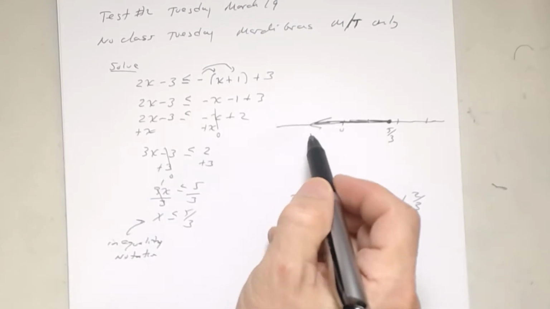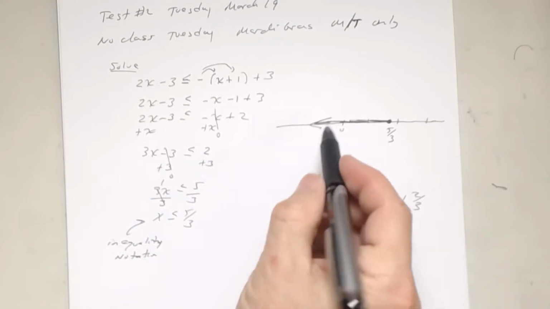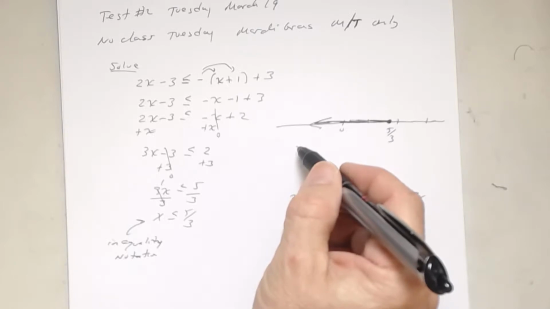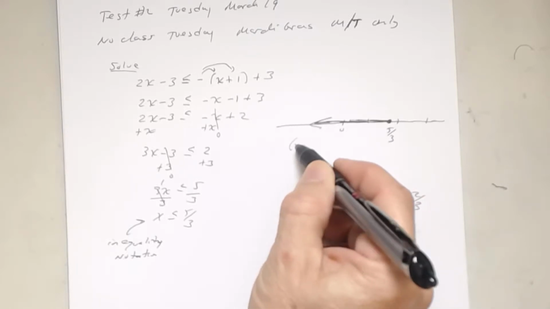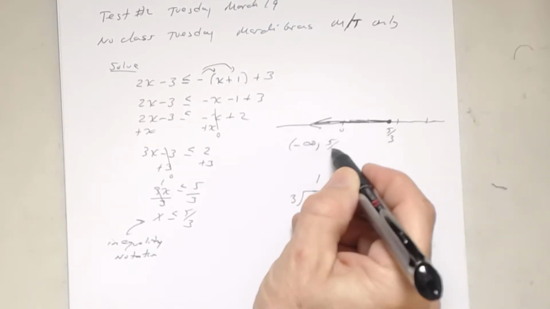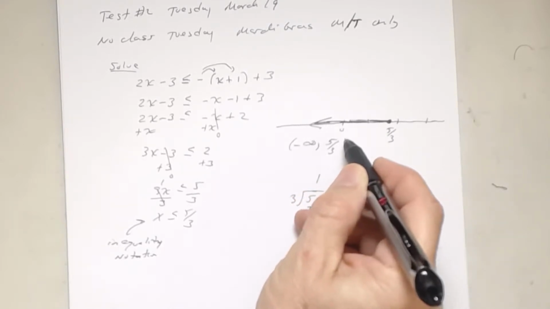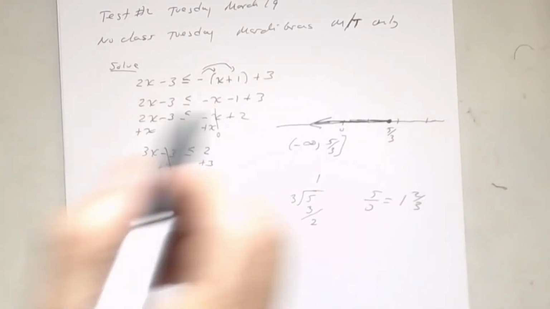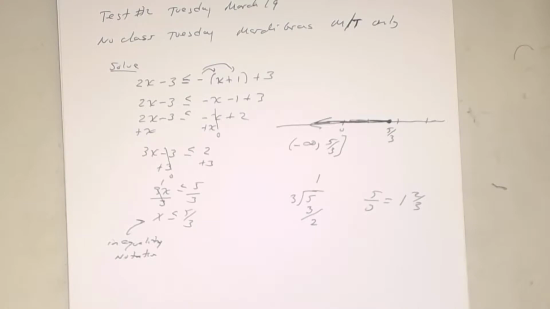Going from left to right, negative infinity, comma, all the way to what number? 5/3 with a bracket or parentheses? A bracket, closed circle.